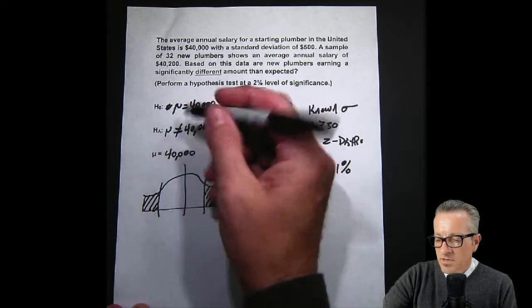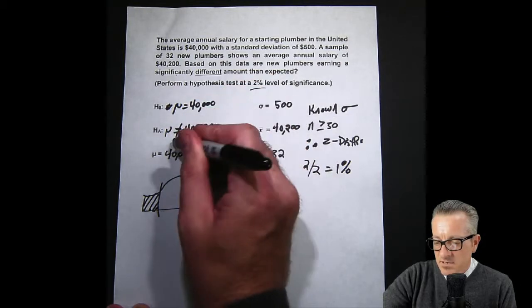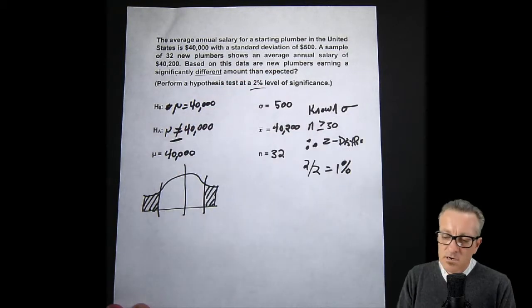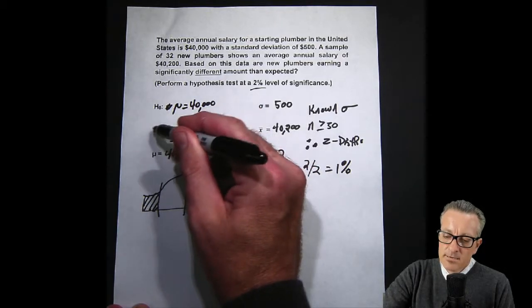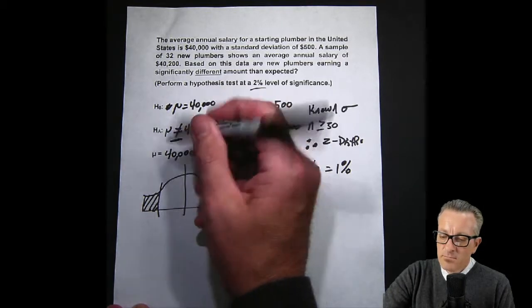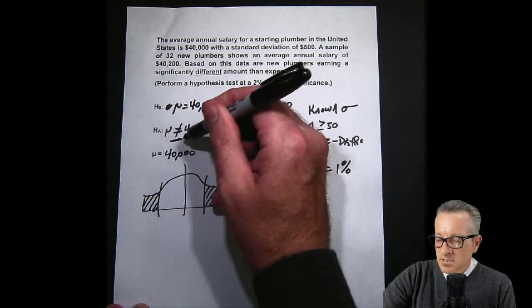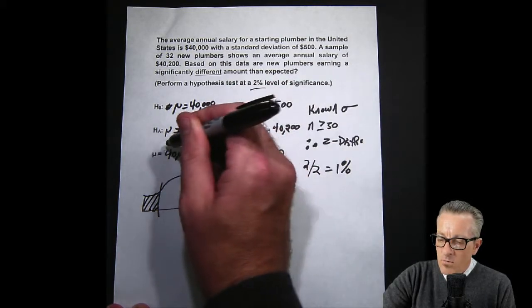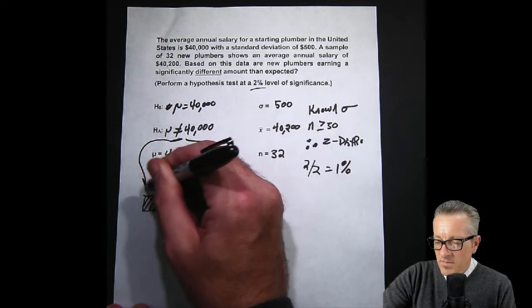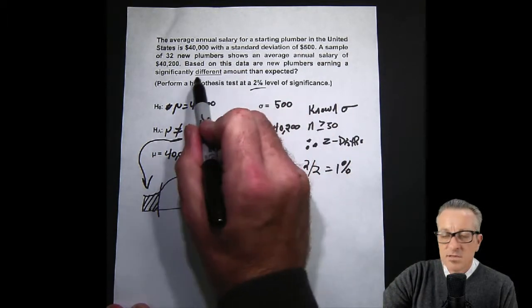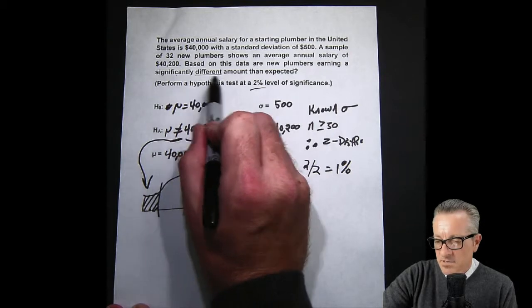And the other thing is, when our inequality for our alternative hypothesis is not equal to, what that means is we have a two-tail as well. And the big deal about the two-tail is that the wording says different.